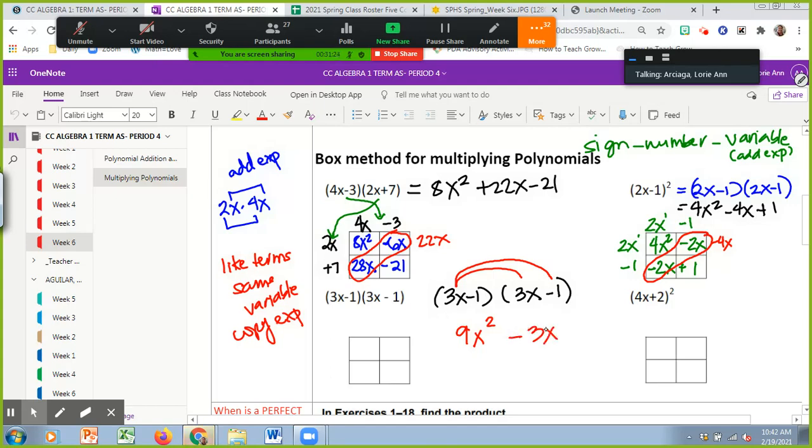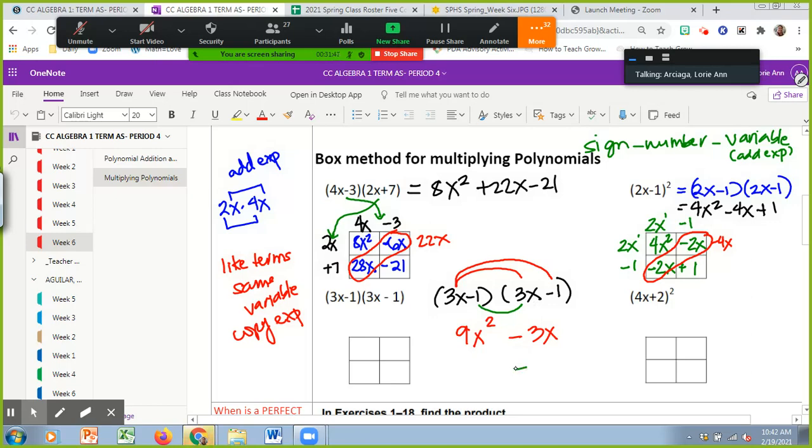The variable is x. Next, negative 1 times 3x. So now I'm making another rainbow, but since I've grouped the first one with both of these, I have to start with the next term. So negative 1 times 3x, sign is negative, 1 times 3 is 3, the variable is x.